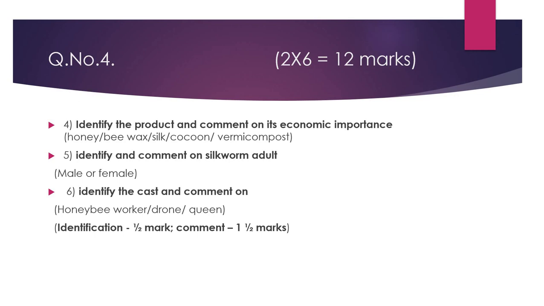You will be given either honeybee worker or drone or queen. You have to identify the given caste and comment on it. For all these questions coming under question number 4, you will get half mark for identification and 1.5 marks for comments.